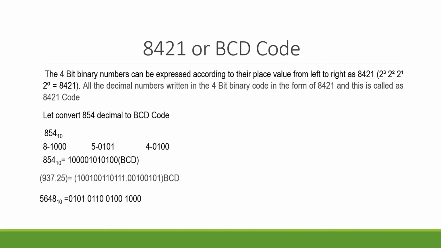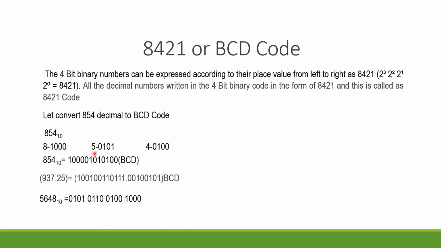Suppose we have a decimal number and we need to convert this number into a BCD code. How will we do it? We have here an example, 854 base 10, which is a decimal number. How will we convert this number into 8421 BCD code? First we'll take each digit into its binary form. 8 can be written as 1000, because this is 2 to the power 0, 2 to the power 1, 2 to the power 2, and this is for 2 to the power 3, that is 8.